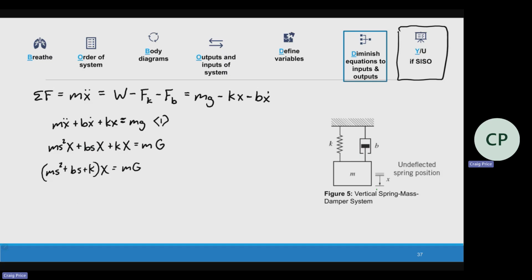And so in that case, my transfer function would be x output over g gravity. That way the mass m is in my transfer function. So if I've got different masses from jumper to jumper, that goes into my transfer function.